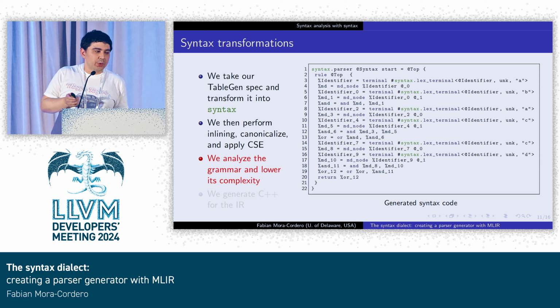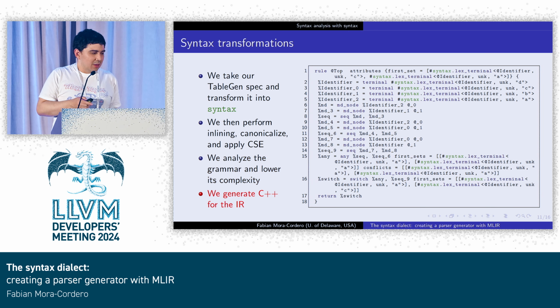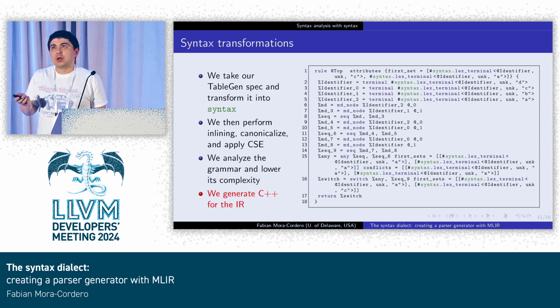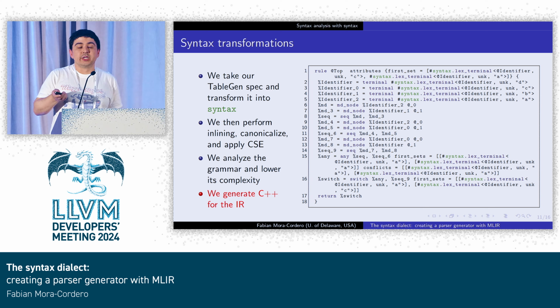Now, after this, what we do is we analyze the grammars, and we start saying, hey, maybe we can optimize this. Because if you know about parsing expression grammars, they are basically recursive descent parsers.